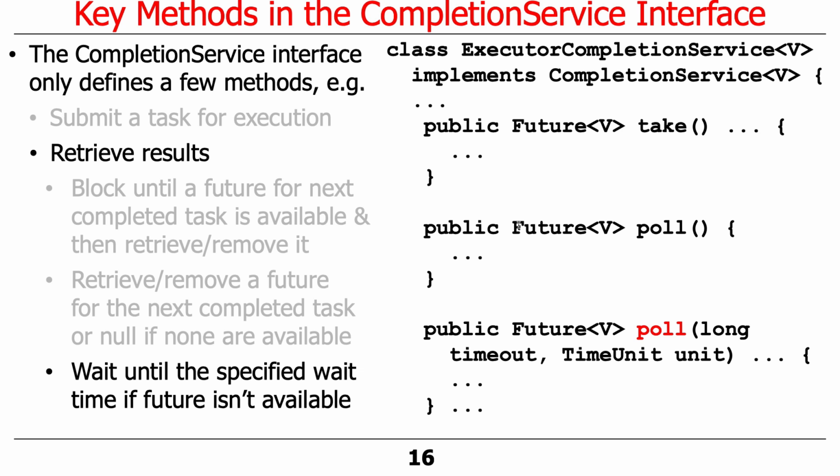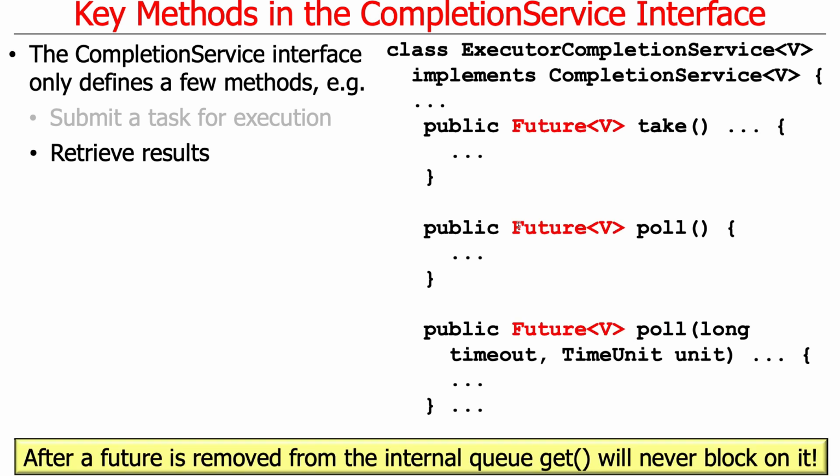So you might say, I'll wait 2 seconds, and if I don't get any results, I'll go off and do something else. So the key thing to note here is that after you successfully get a future back, that future has already completed, and anytime you call get on it, it will never block because it's already finished. It wouldn't have ended up in the queue otherwise.